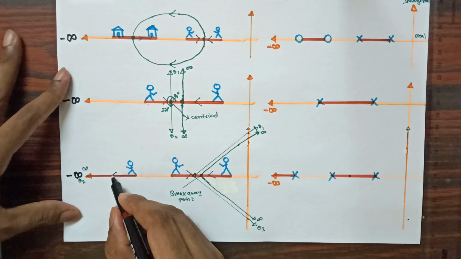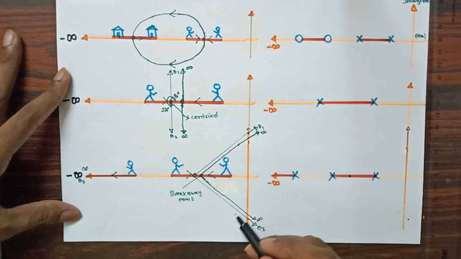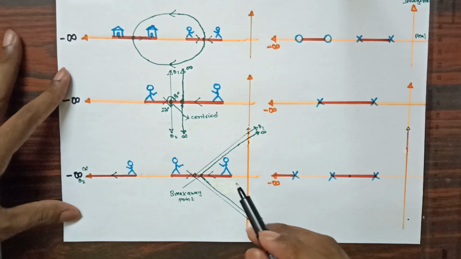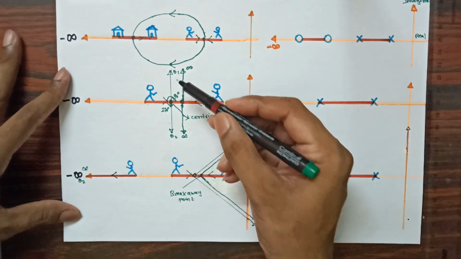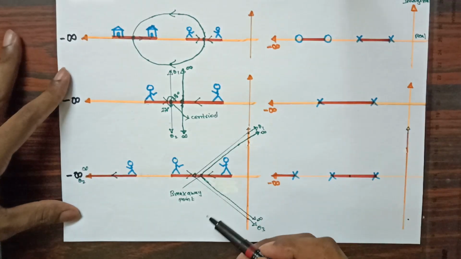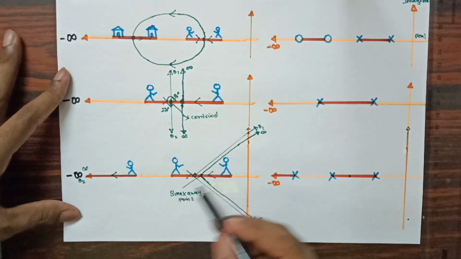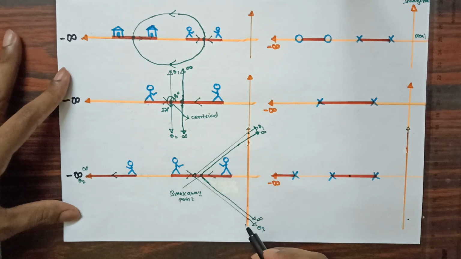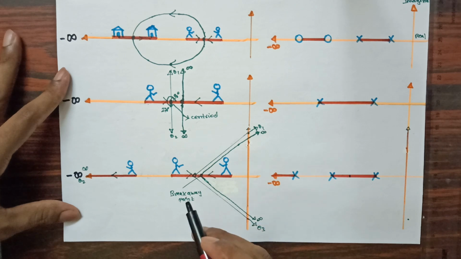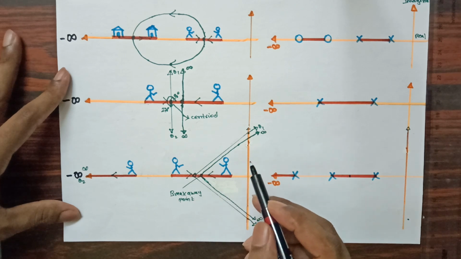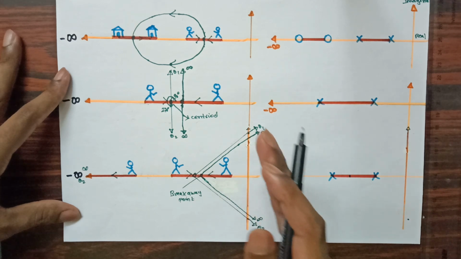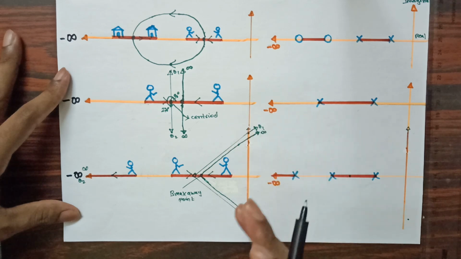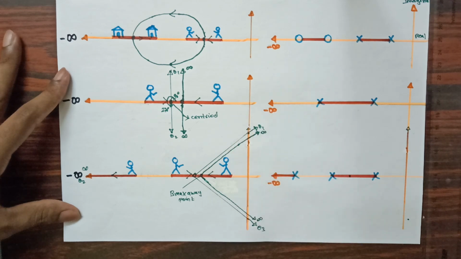In this way, all three persons have approached their infinite destination. So one person 180 degree, two persons 90 and 270 degree, three persons 60, 180, and 300 degree. And when three persons are there, they go to the right hand side of the plane. This you need to remember.